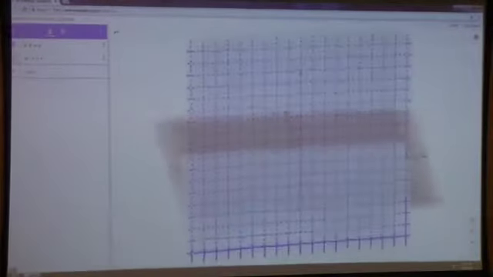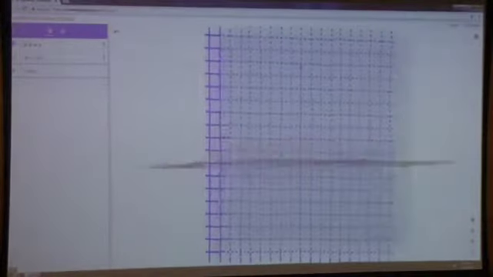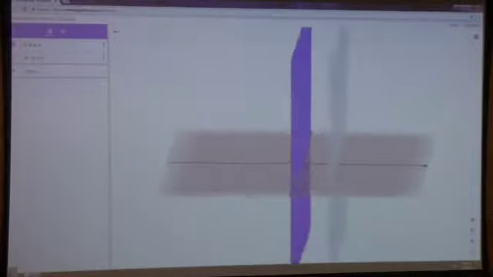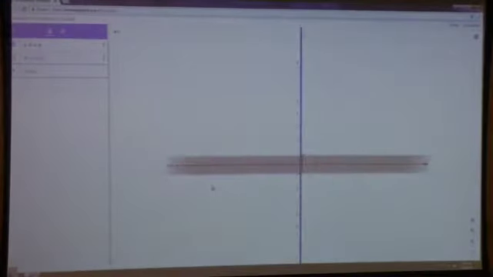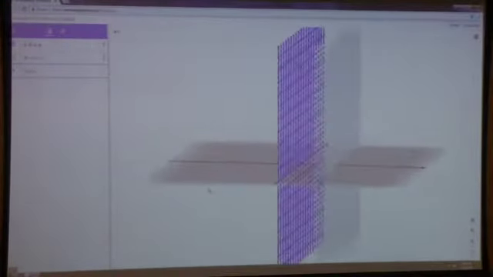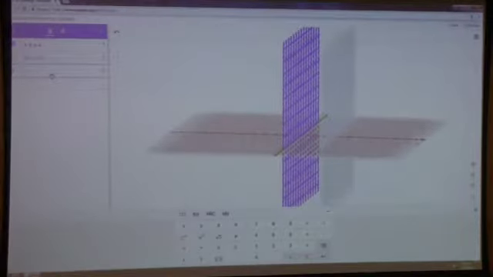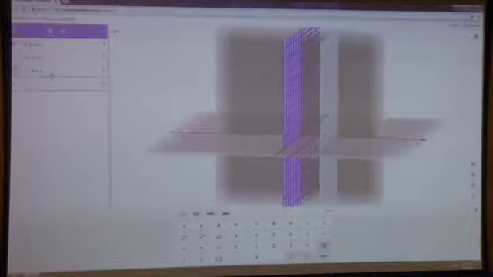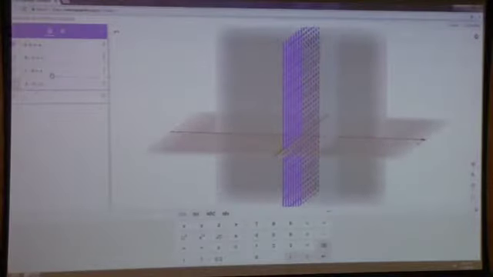Okay, so there are the two bounds on x. If we look at them parallel, we get those two bounds there. Okay, now for the y coordinates, we've got 0 is equal to y, 1 is equal to y.